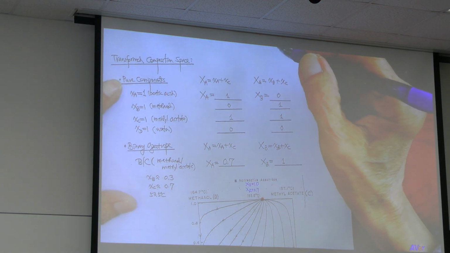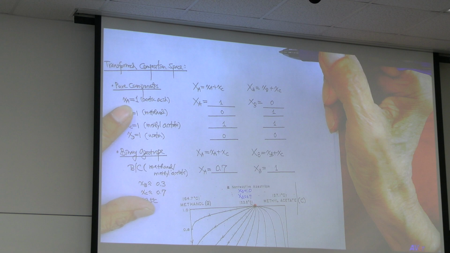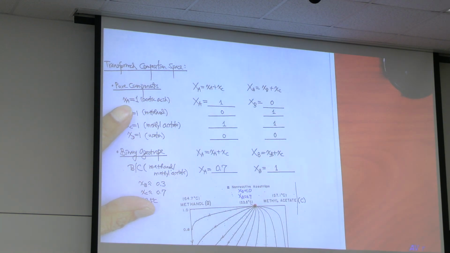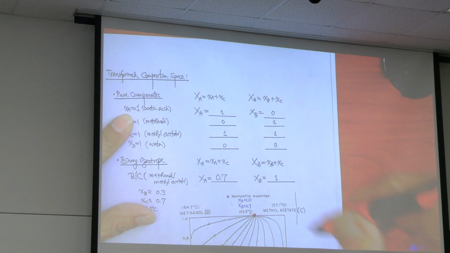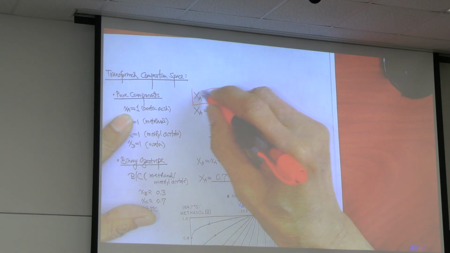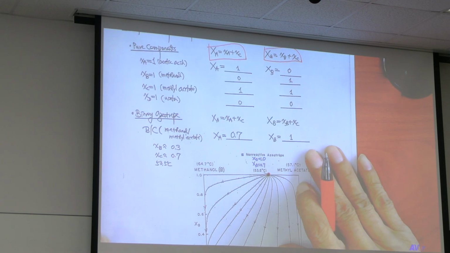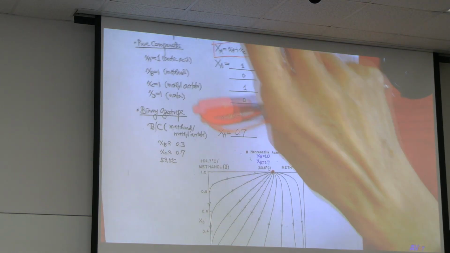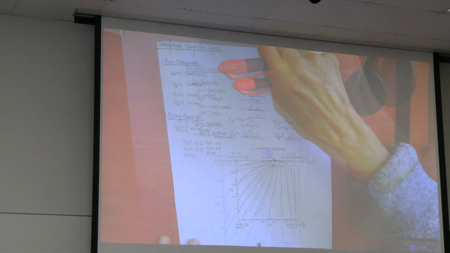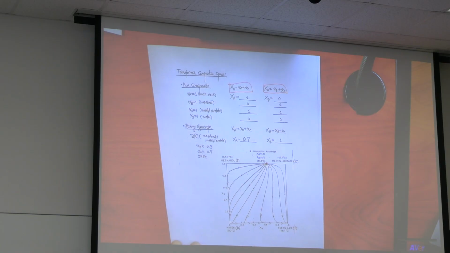Pure component acetic acid. How do we represent that on a transform coordinate system?